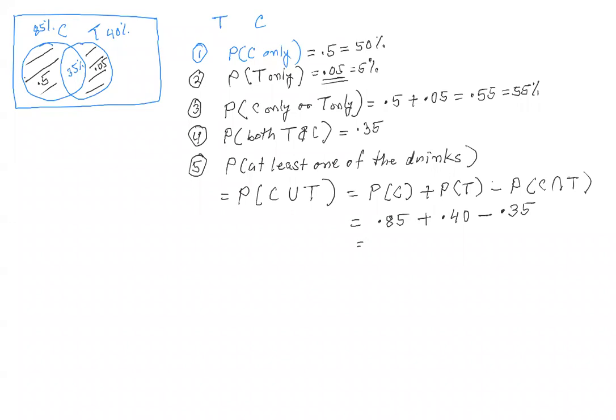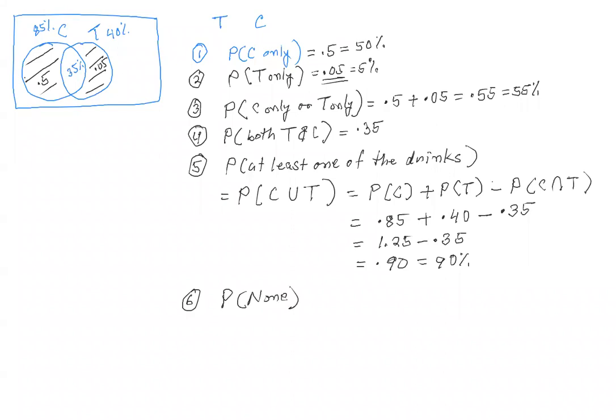So what does it come out to? 0.85 plus 0.40 is 1.25, minus 0.35, that gives you 0.90 or 90% chance. There is a 90% chance that a person drinks at least one of the drinks. Number 6, what is the probability that a person does not drink any of these drinks?